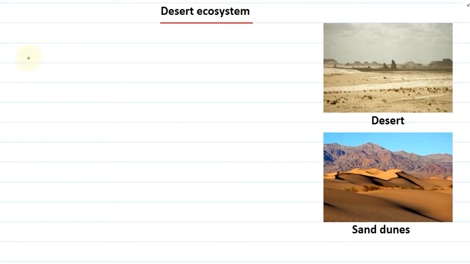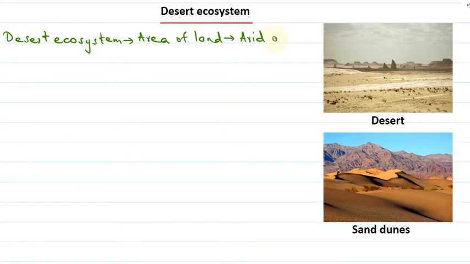So desert ecosystem is an area of land, and this area of land is arid or dry, and it receives very less rainfall.